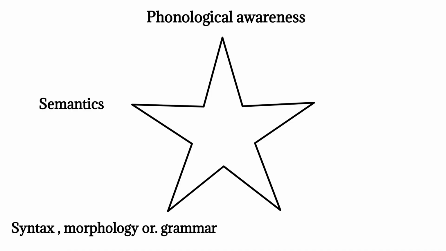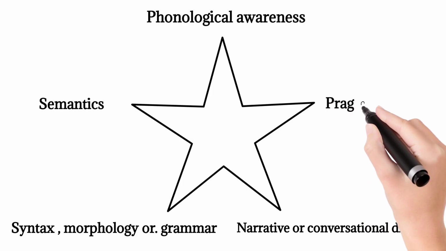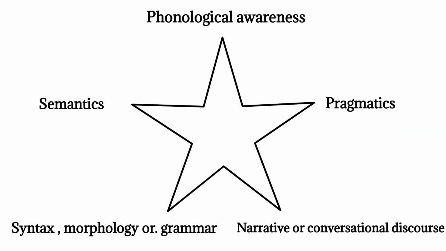Next is narrative or conversational discourse, that means the ability to tell a story or have a conversation. And last but not the least is pragmatics, that means the ability to understand and use language in social context, for example, making inferences, understanding verbal humor, and resolving ambiguous meaning.